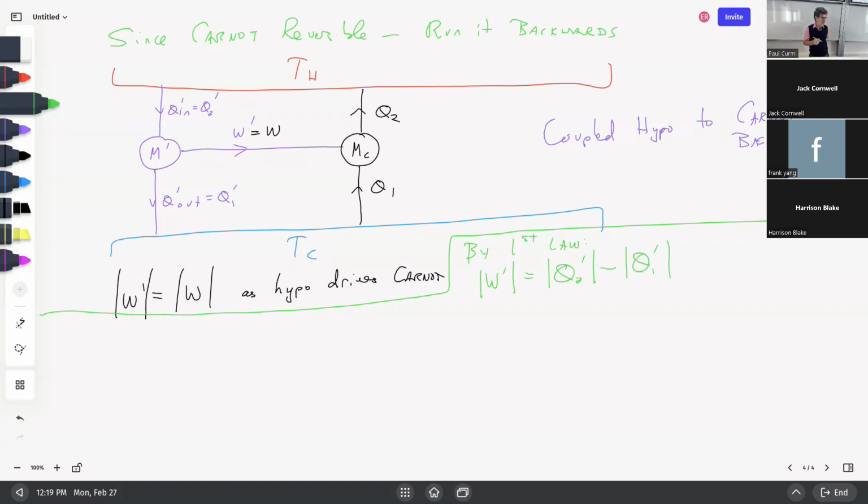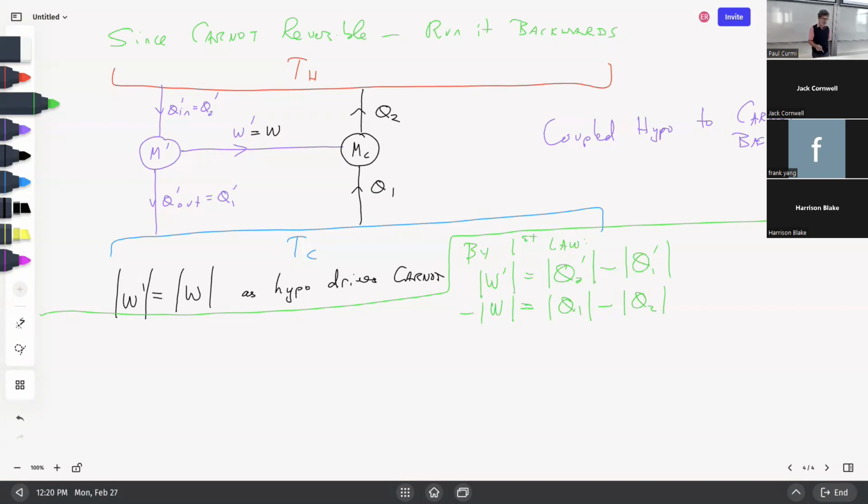And for Carnot, I can write minus the work, stuff going in there, is going to be equal to Q in, which is the stuff coming from the cold bath, minus Q out, the stuff going to the hot bath.